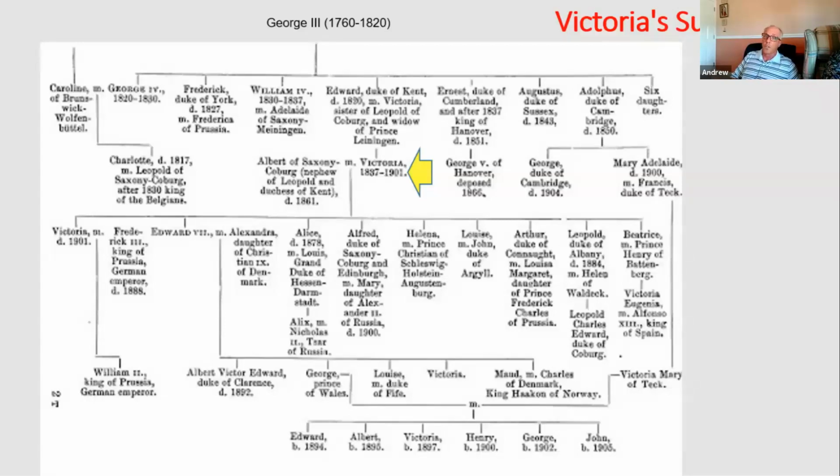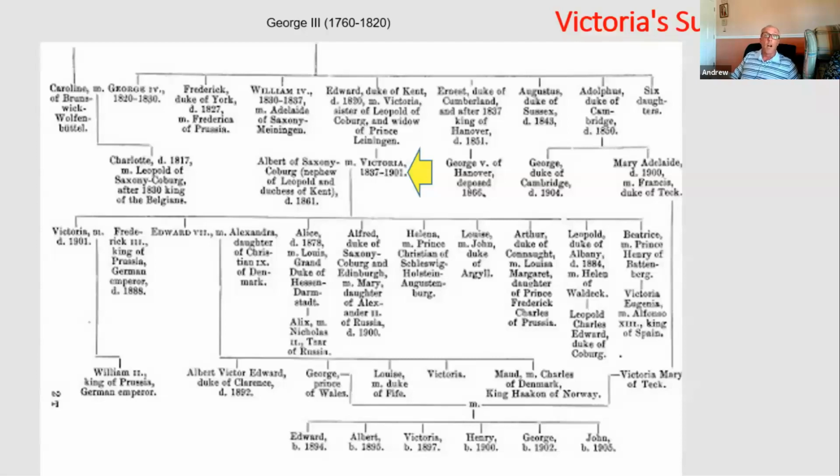Her grandfather, George III, we know him from the American colonies, had 15 children. You're thinking, well, 15 children would produce a lot of grandchildren. Well, they produced some, but unfortunately for George III, most of those grandchildren were illegitimate.